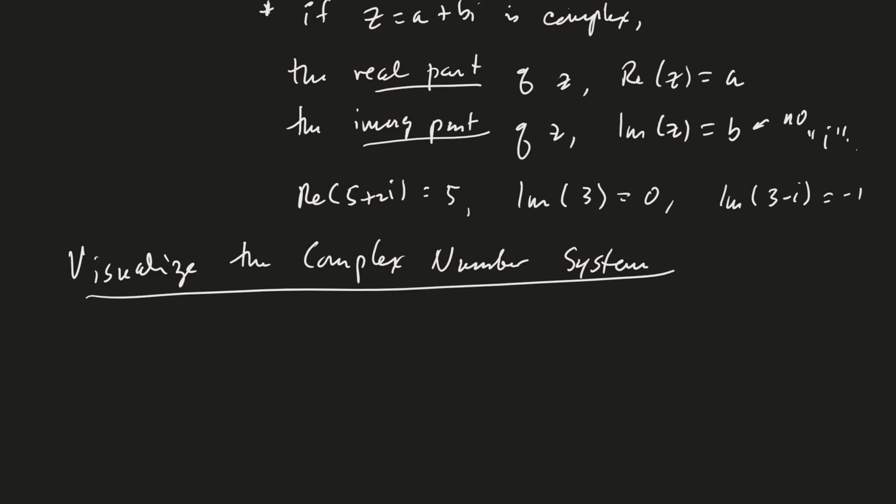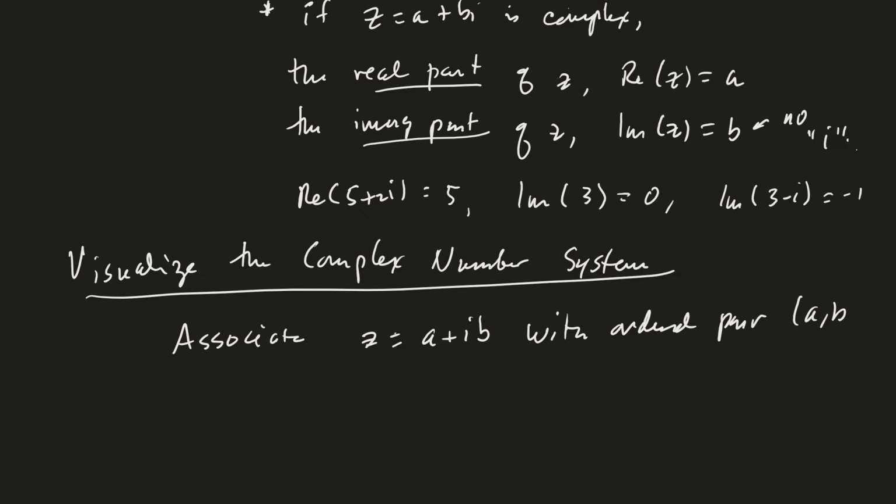The way we're going to do this is we're going to associate the complex number z equals a plus ib with the ordered pair (a, b).